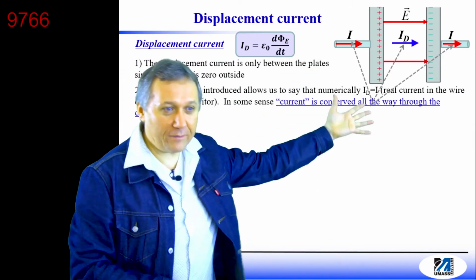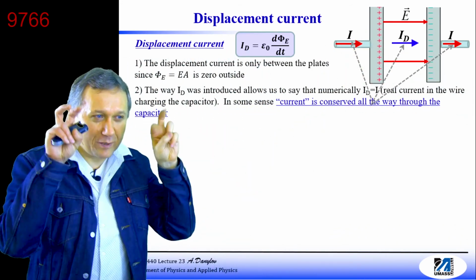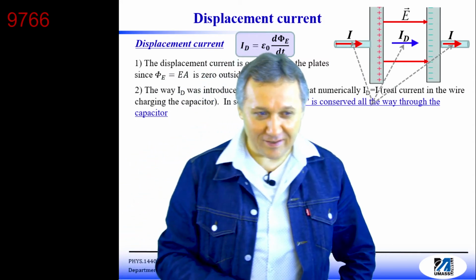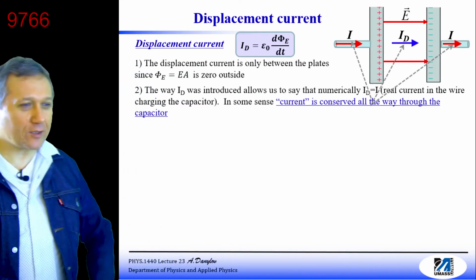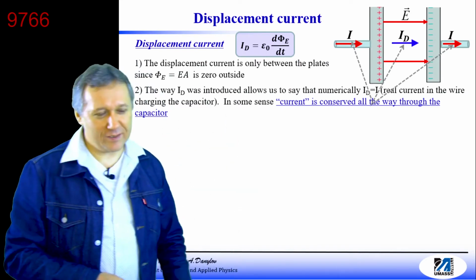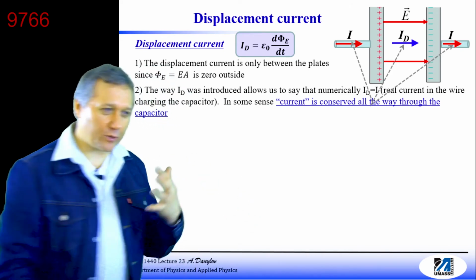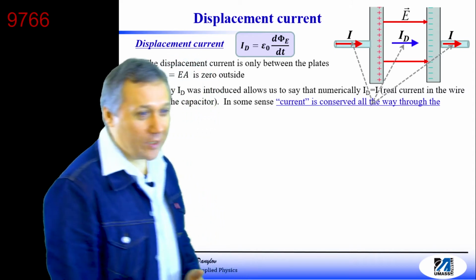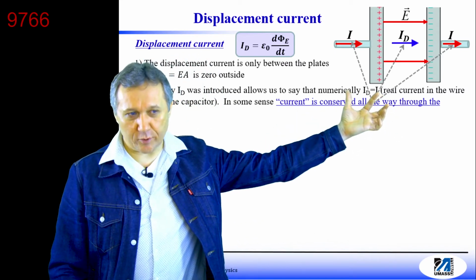So we have 5, 5, and 5. So current is exactly the same. Now we have a true conservation of current, even in the presence of the capacitor. It's not that big a deal, but it's good to connect current stuff with the past, in order to establish stronger connections between different parts of the course. And again, numerically, displacement current equals the actual current.